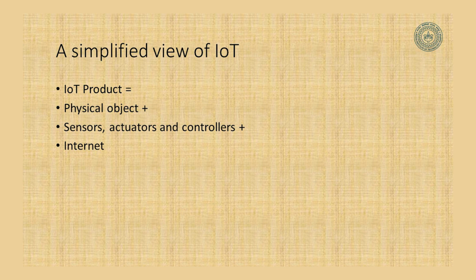So we have a collection of sensors, actuators and controllers, and of course we need the internet, because we are creating an Internet of Things product. This internet could, for instance, come from a Wi-Fi network. So this is a simplified view of IoT. We need a physical object, sensors, actuators and controllers and the internet to create an IoT product.